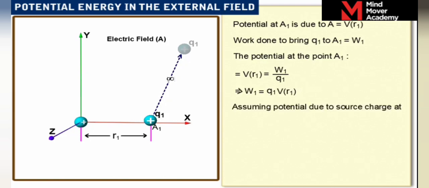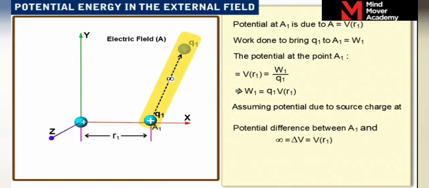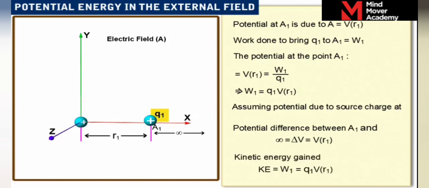Here, we assume that the potential due to the source charge at infinity is 0. This implies that V1 is also the potential difference between the point and infinity, which is delta V. Now, if Q1 is released at point A1, it moves away in the direction of the electric field to infinity and gains kinetic energy equal to W1 when it reaches infinity.